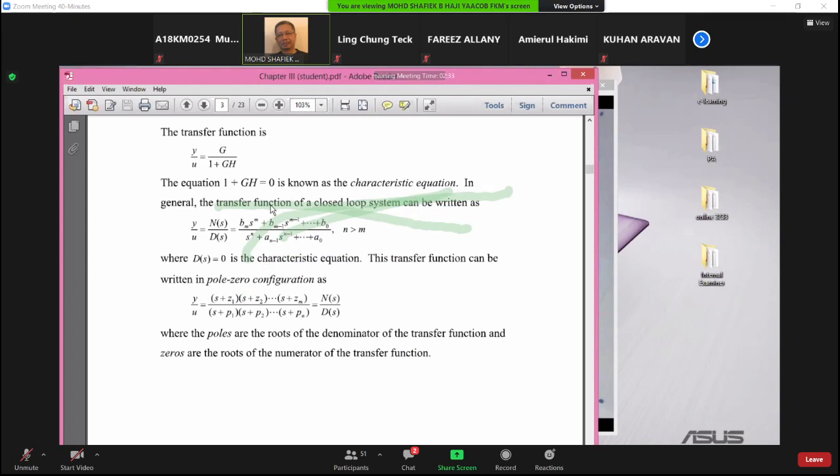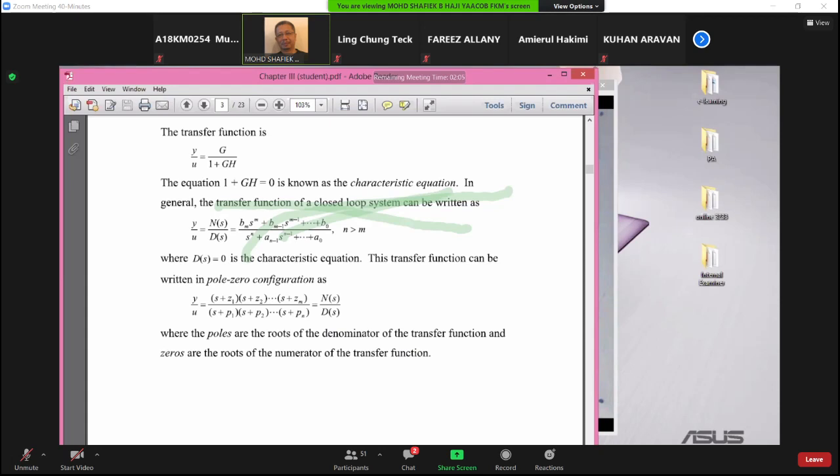It is like ax squared plus bx plus c: if you don't put equal 0 there, it is not an equation and you cannot solve for the roots. That is why we put 0 here. So the definition of this characteristic equation is the denominator of the transfer function equated to 0. That is known as the characteristic equation.